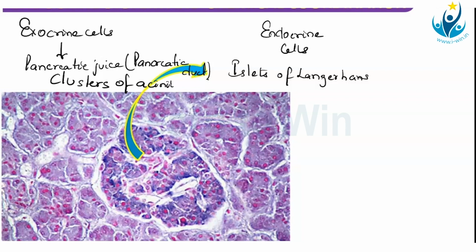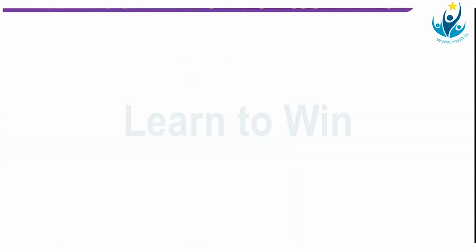In fact, 99% of the pancreas is made up of exocrine cells, that is clusters of acini, whereas 1% of the cells are endocrine in nature and they form the islets of Langerhans.